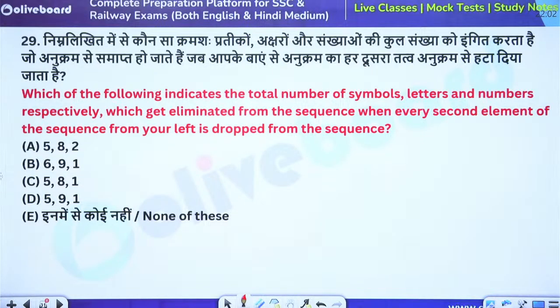Which of the following indicates the total number of symbols, letters and numbers respectively which get eliminated from the sequence when every second element of the sequence from your left is dropped from the sequence? Okay. So we need to check for symbols, letters and numbers, SLN. Every second element of the sequence from your left is dropped.